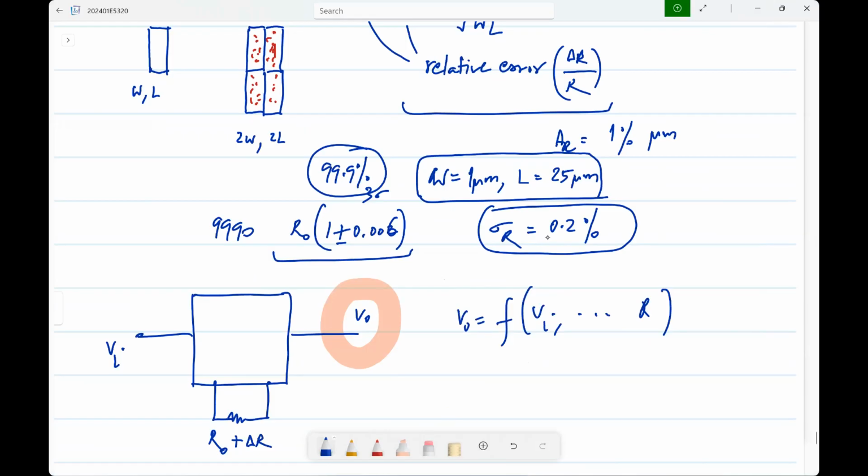Sorry, that's what. V naught is a function of R. I mean, R is this value is R, okay, and then no, it's a function of R. I'm not sure what you mean by function of R plus delta R. R takes the value of R naught plus delta R.